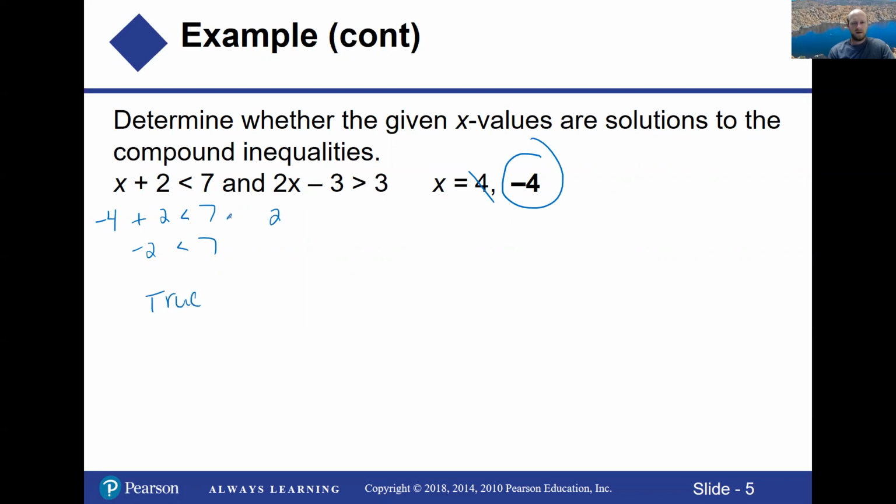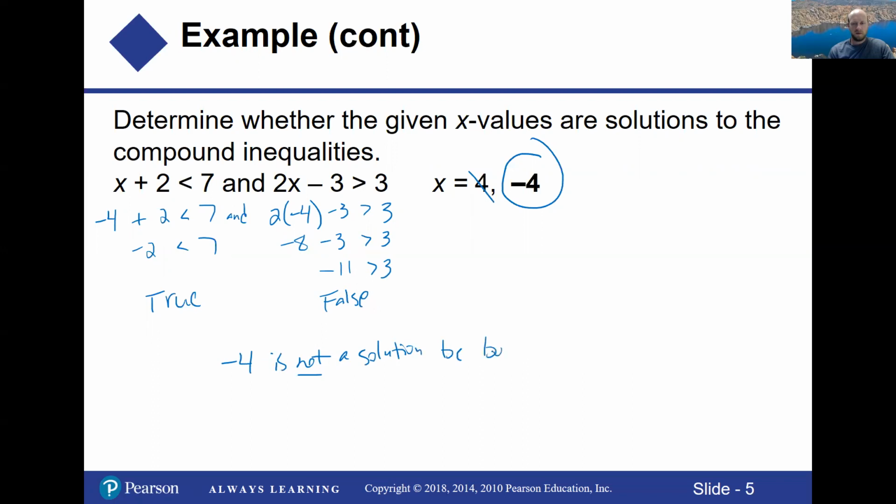Now let's go to the other one. Just a little tip for you guys. Substitute negative 4. 2 times negative 4 is negative 8, and negative 8 minus 3 is negative 11. Is negative 11 greater than 3? Well, of course it's not. So this is false. Because of that, negative 4 is not a solution, because at least one of the inequalities is not true.